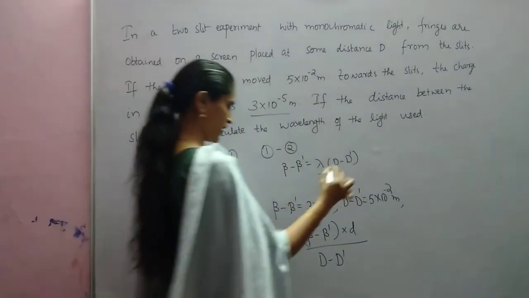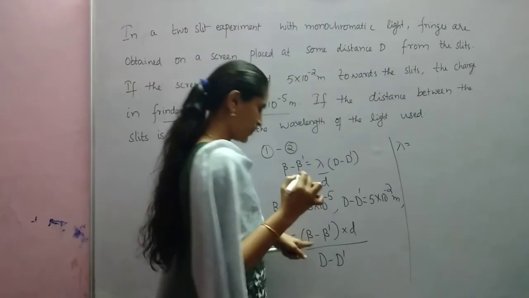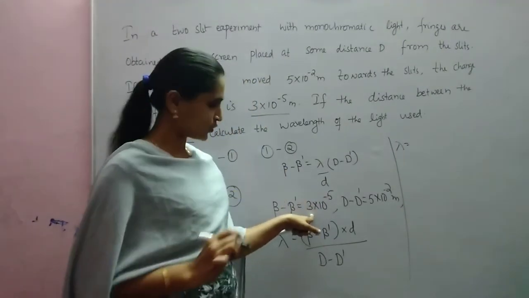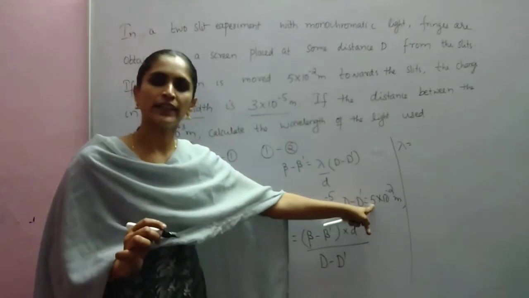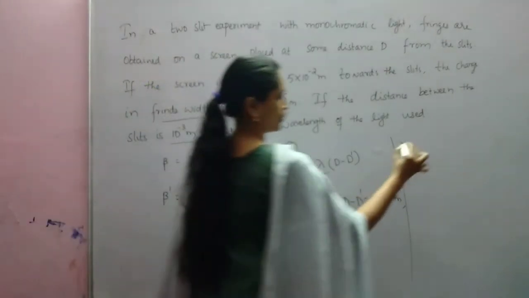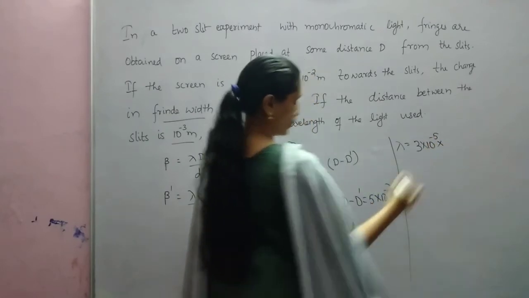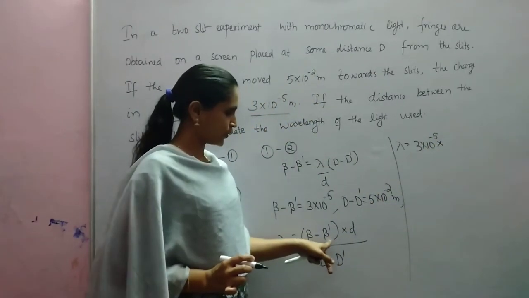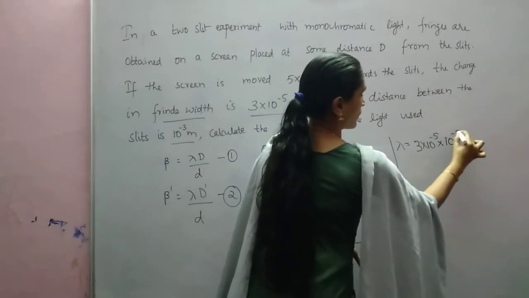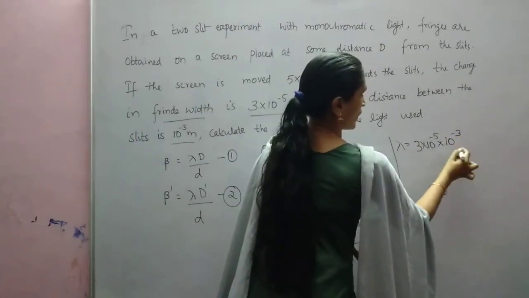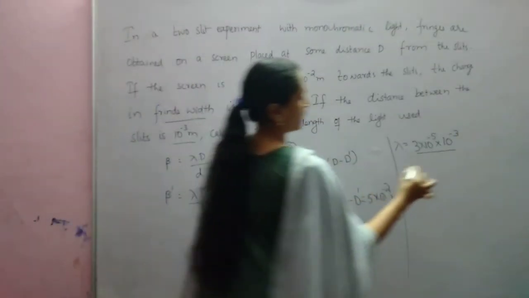Or we can write lambda is equal to beta minus beta dash, which is 3 × 10^-5, small d is 10^-3, and D minus D dash is 5 × 10^-2. So in this formula we are substituting: 3 × 10^-5 into small d, what is small d? 10^-3, divided by D minus D dash, which is 5 × 10^-2.